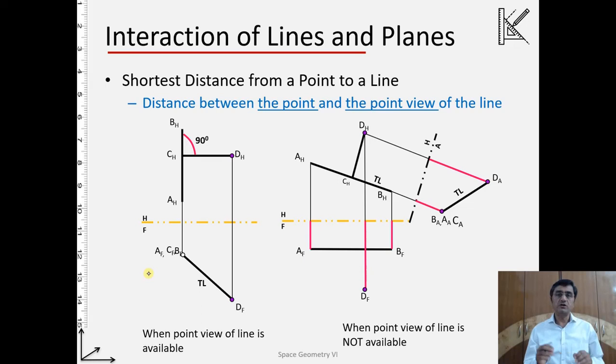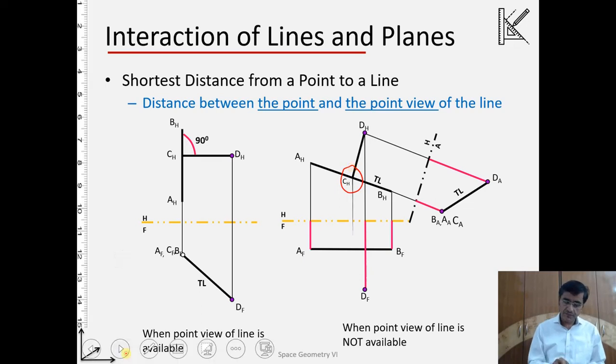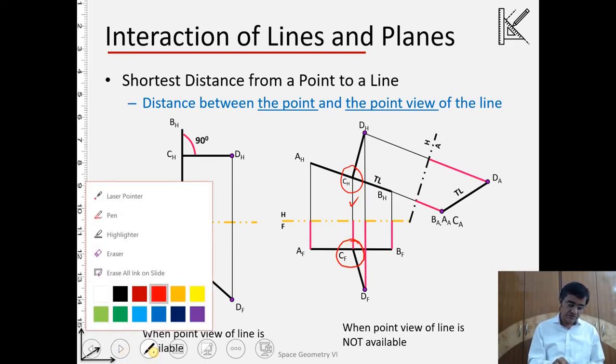Now corresponding to CH, I can also determine the corresponding point onto the frontal projection. If we do that, I'll be drawing the projector, and corresponding to this I'm getting the point CF. Alright, let me just discuss it now.